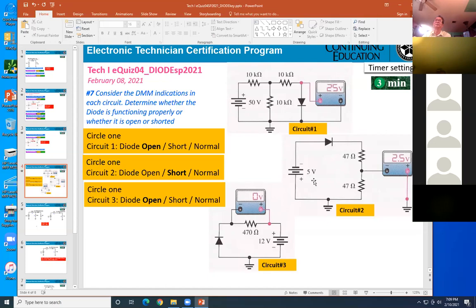The battery is reverse biasing the diode, so there's no current flowing in the circuit. Right, I understand. That's only if the diode's working. However, what I'm saying is the meter they measure right here, they get 2.5. Then you cannot say the diode is open. If it were open here, no way you can measure 2.5 right here. So that's why I said it will be shorted.